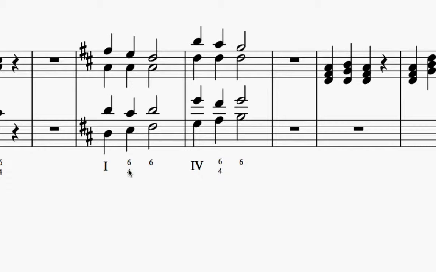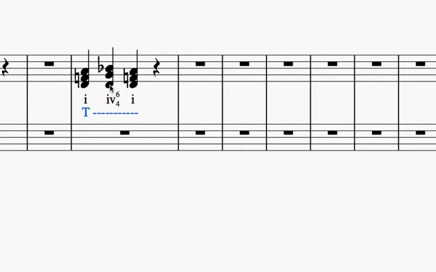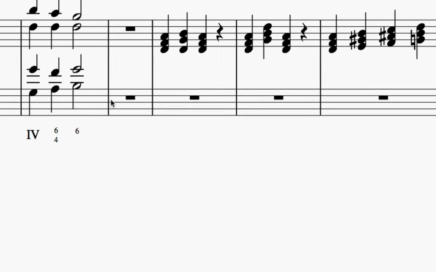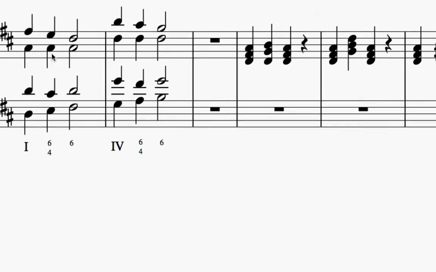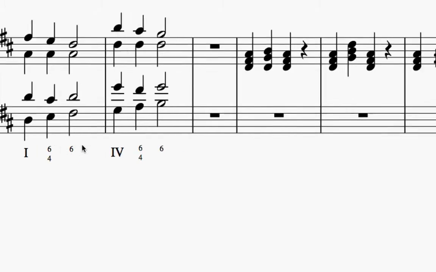That's just the way it is, the way most theory books teach it. So we call that a 5-6-4. That's a special case. Here, we wouldn't call this 1-6-4 because 1-6-4 is that, right? That's a 5 chord, the notes of a 5 chord written as a 1-6-4.